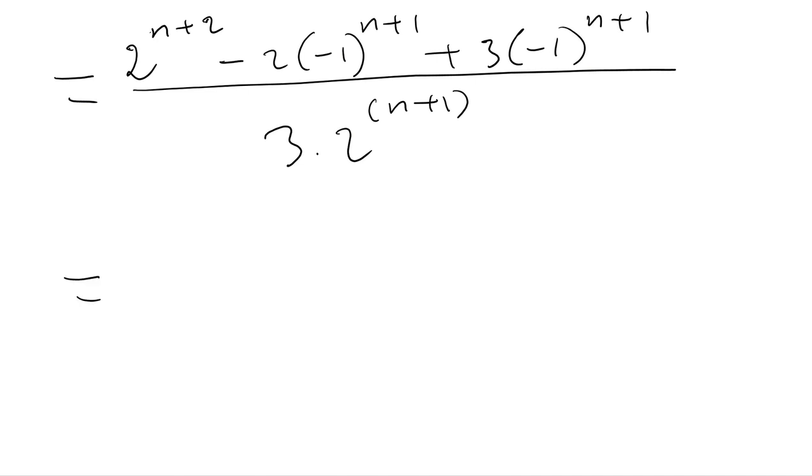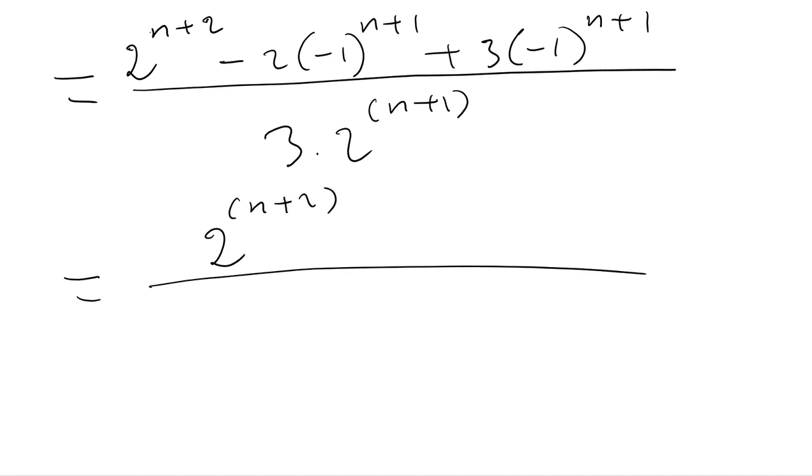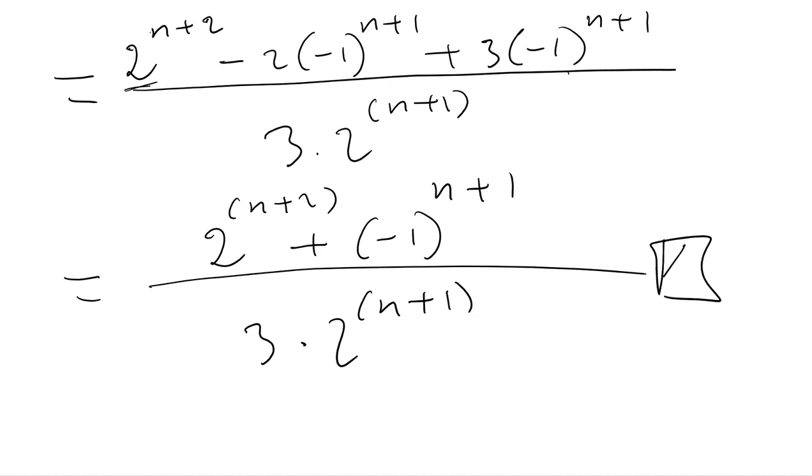So this will give you 2^(n+2), right? Plus (-1)^(n+1), then the bottom part we have 3 times 2^(n+1). And this is what we were trying to prove, right?